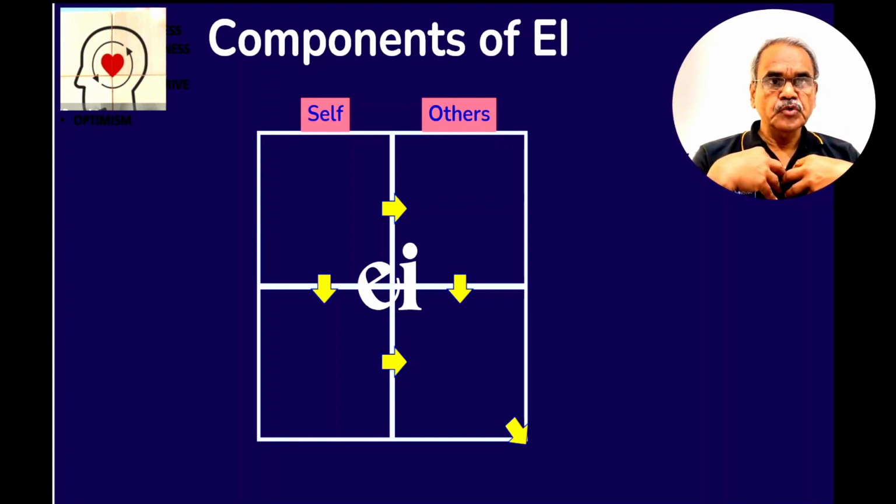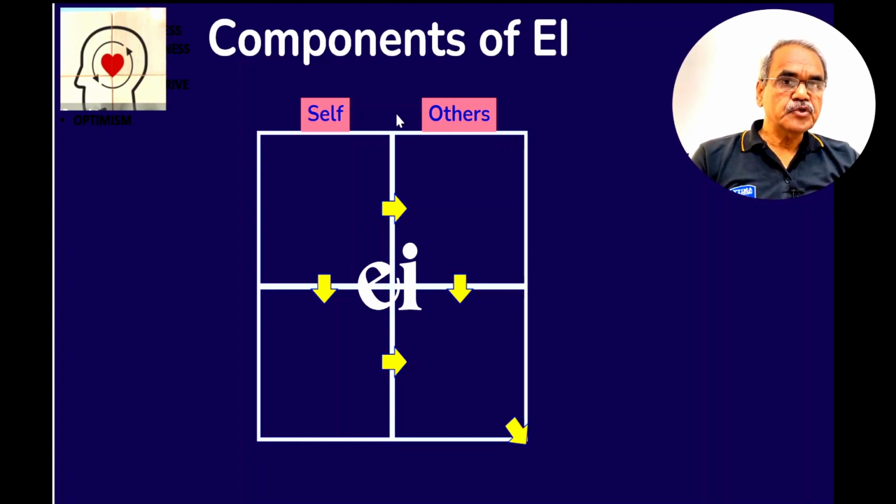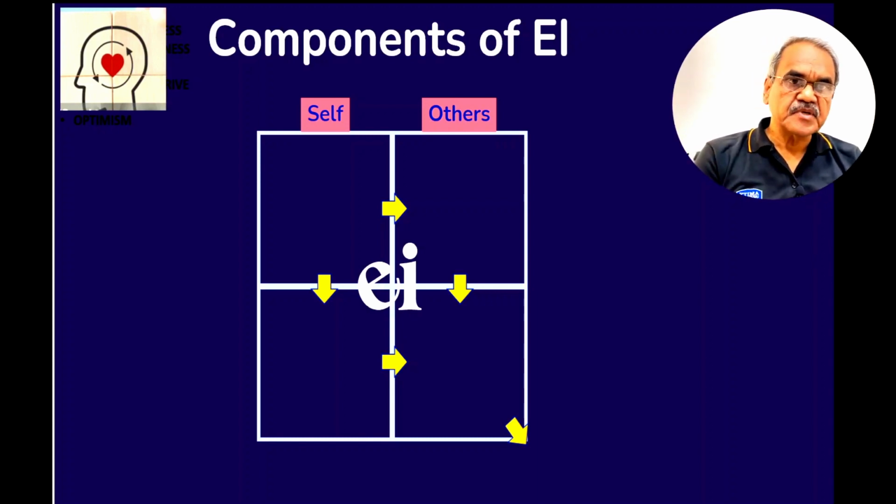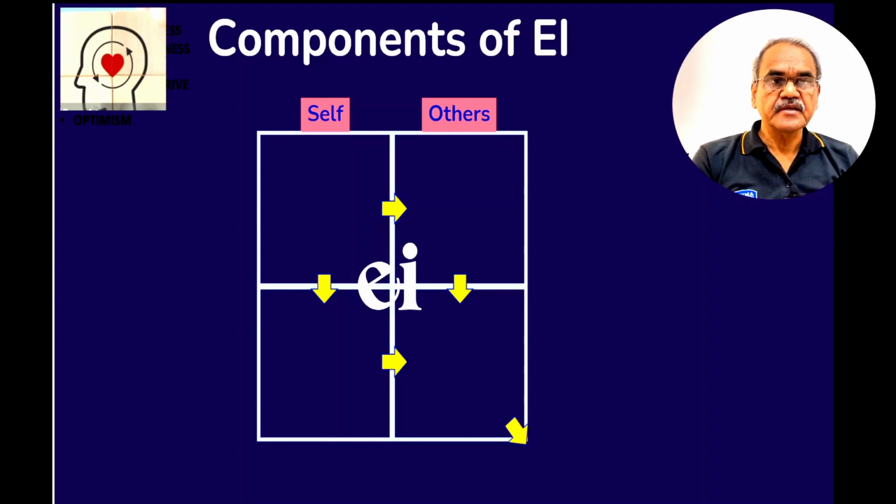One is your own and second is others. Anything you do with yourself are your personal competencies, and anything you do with other people, with the society, is called social competencies. So we are talking about bringing changes in our personality and behavior in a positive manner.